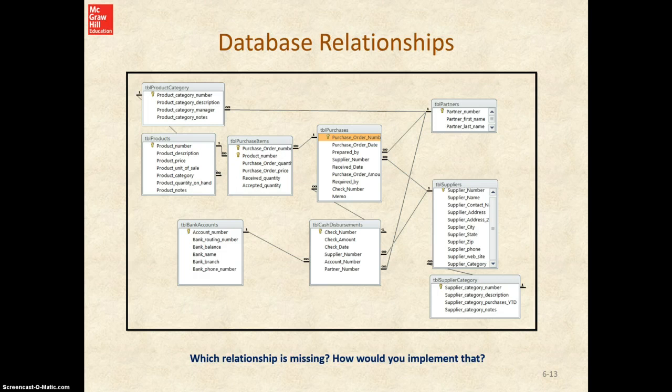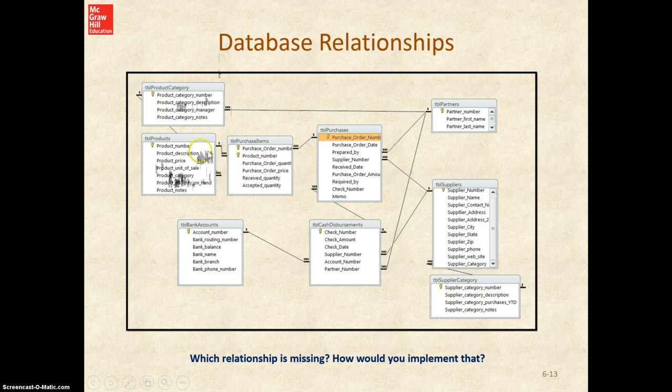So here we have our database relationships. Again, it looks complicated, but it's not that complicated. We could reproduce this based on the work that we did in Chapter 4. We can see some of the links here, such as product category number is also in the products table.